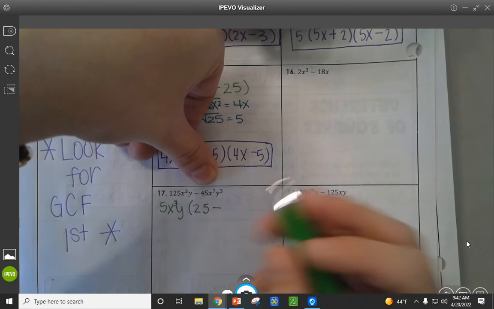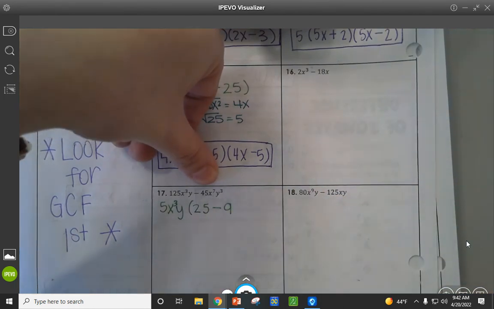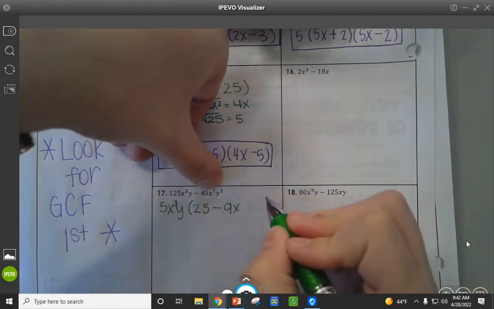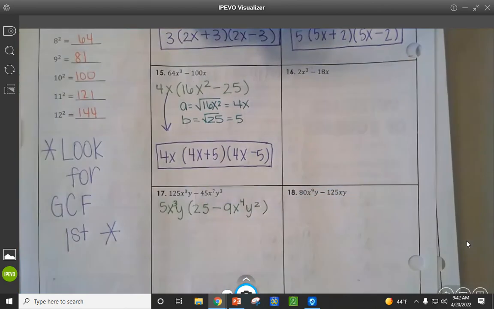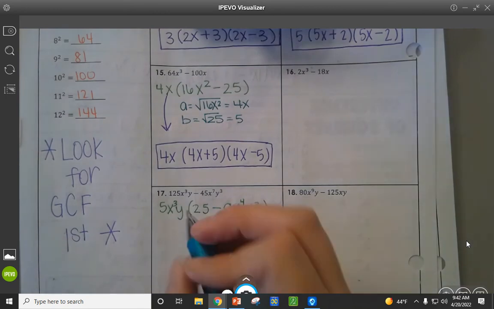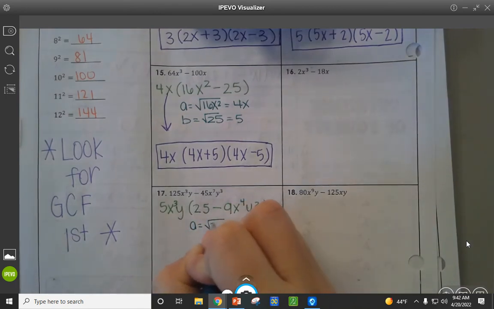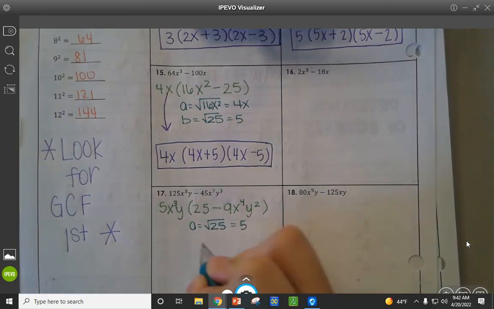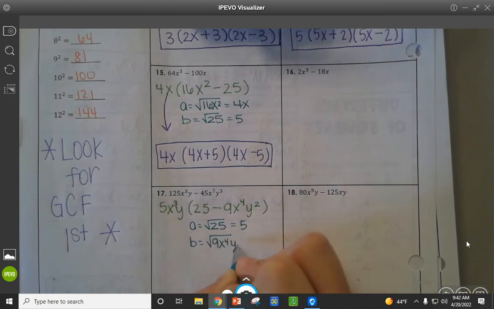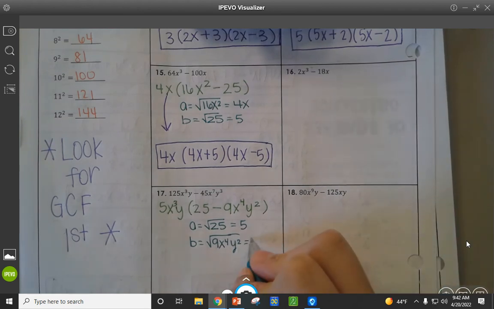Minus 9x to the 4th, y to the 2nd. So A is the square root of 25, which is 5. B is the square root of 9x to the 4th, y squared. 3x to the 2nd, y.